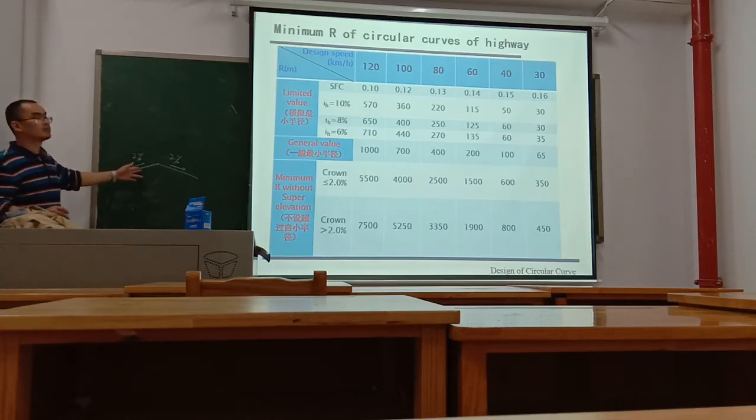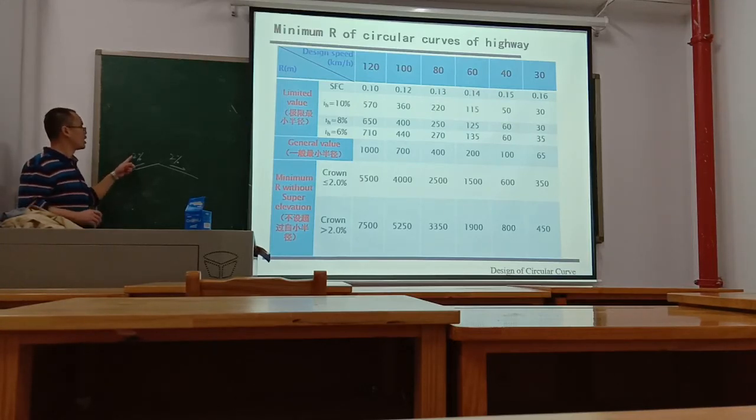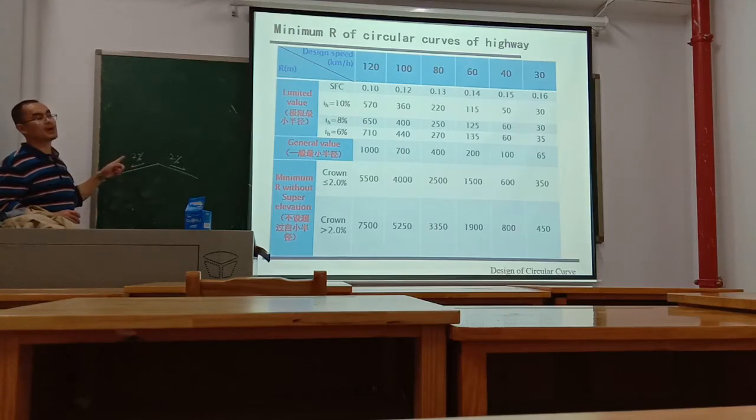So the cross slope must exist. The slope is from 1% to 2.5%.